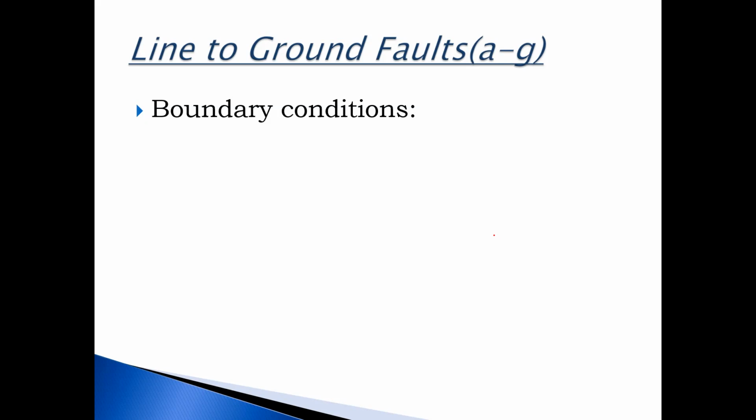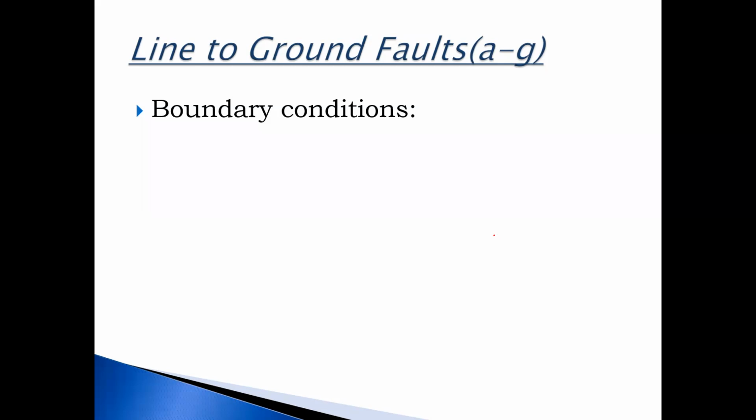So to do the analysis, we put forward what we refer to as boundary conditions. In other words, if I have one phase touching ground, what are some of the things that I can establish? What are some of the things that must be true? Yes? These are our boundary conditions. Fair enough? So usually in terms of the analysis, let's be clear, we just assume that it is the A phase that is touching ground.